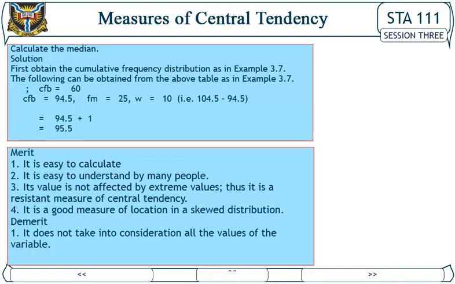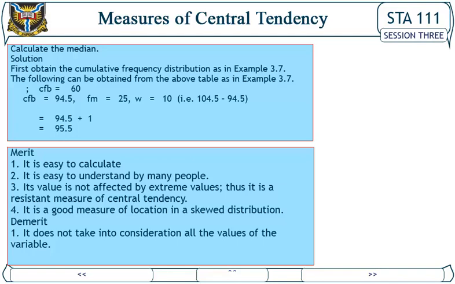N over 2 is equal to 125 over 2, which is equal to 62.5. CFB is equal to 60. LM is equal to 94.5. FM is equal to 25. W is 10. That is 104.5 minus 94.5. Median is equal to 95.5.